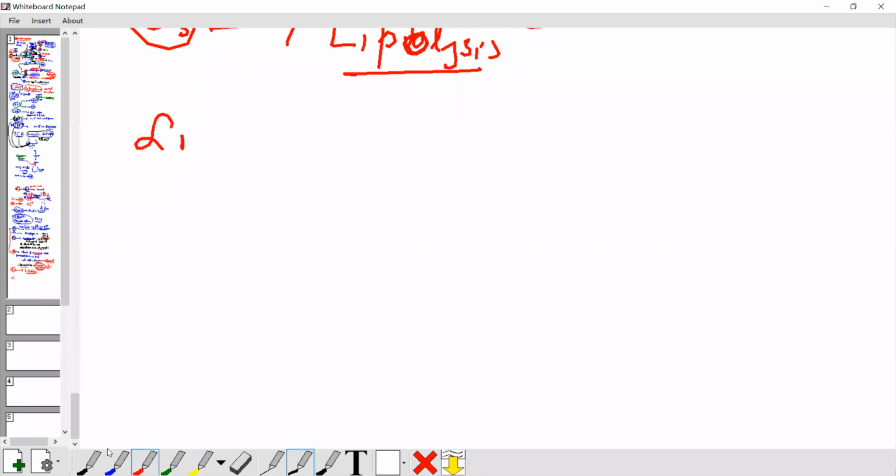Alpha 1. Alpha 1 in the eye doing what? The iris has alpha 1. No, the production was beta 1. Alpha 1 causes mydriasis, dilating the pupil.